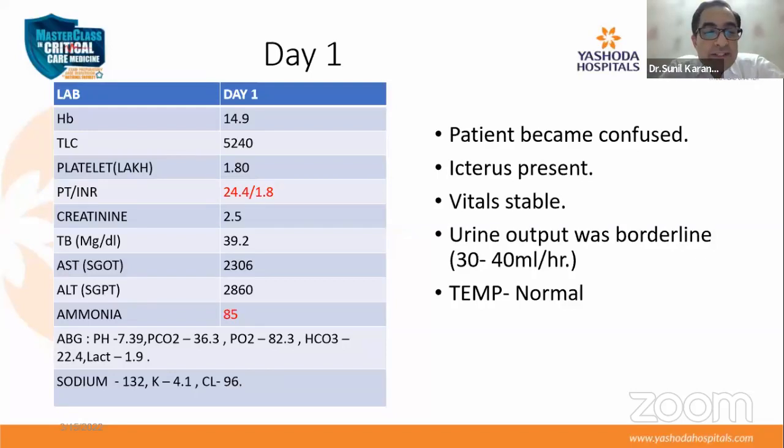Which are the conditions where the SGOT is higher than SGPT? Which etiological conditions would you suspect where SGOT is more than SGPT? SGOT is more than SGPT in alcohol-induced hepatitis. SGPT is more than SGOT in viral hepatitis. Okay. Alcohol, one, then?